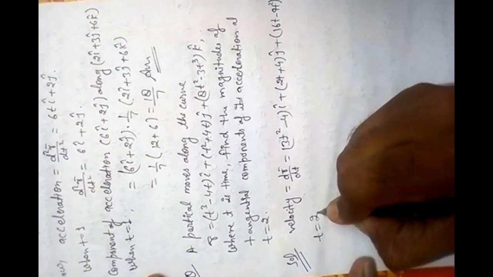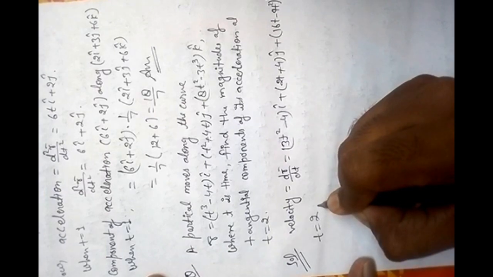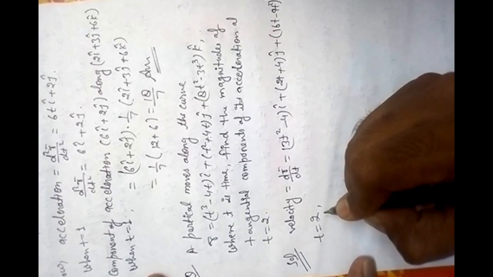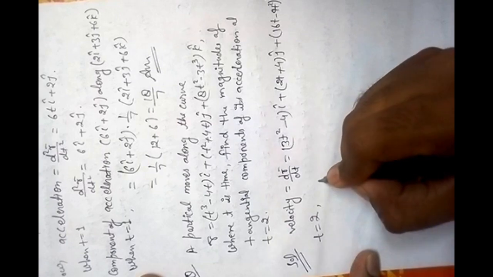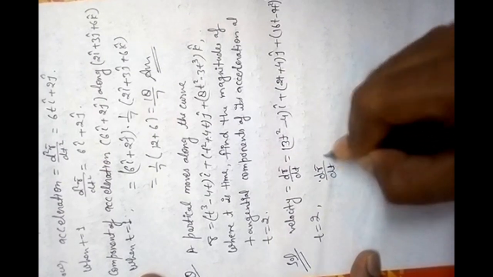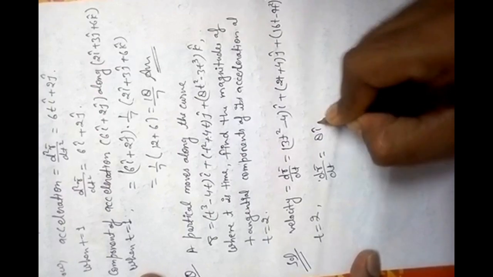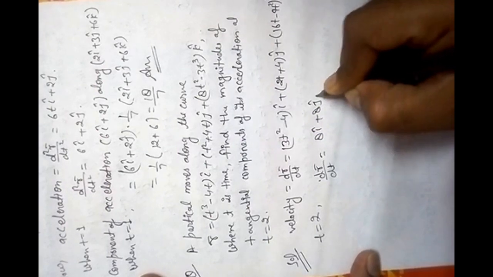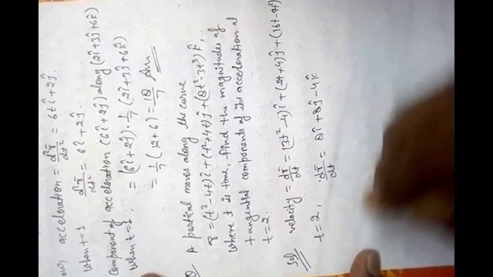At t is equal to 2, velocity is 8i plus 8j minus 4k.